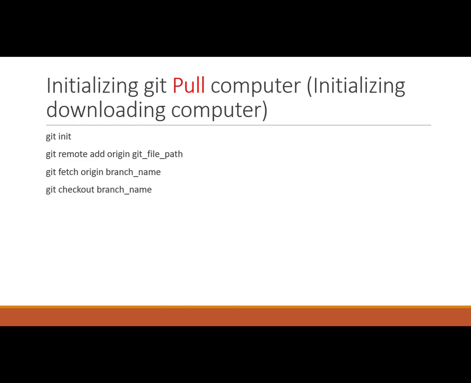Then we are going to initialize the downloading computer. The other name is the pull computer. For now, all the code is in the Git server because we pushed all the code previously. Then we git init as before. Then git remote add origin and the HTTPS path.